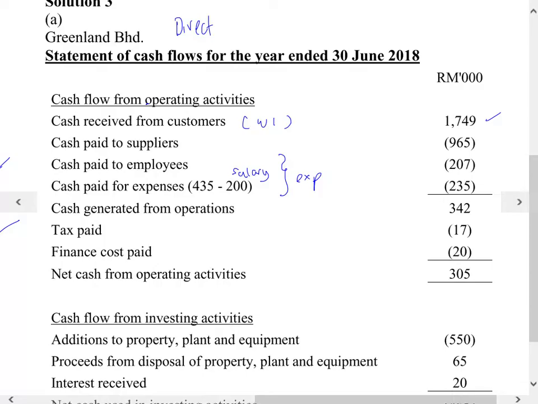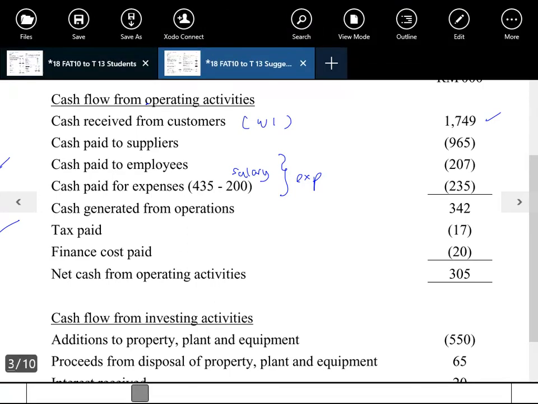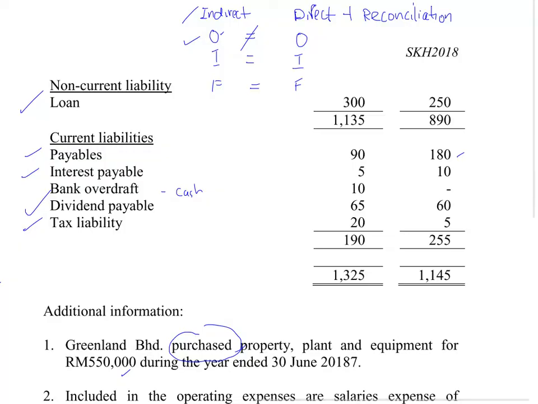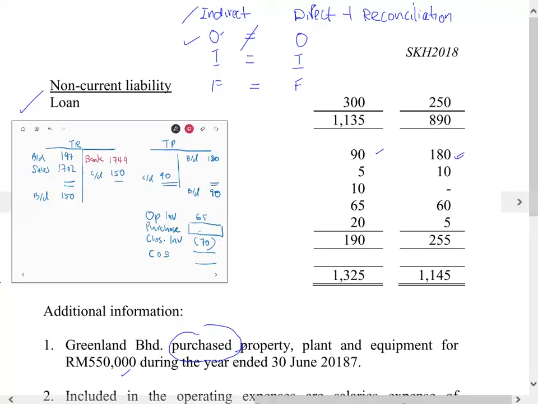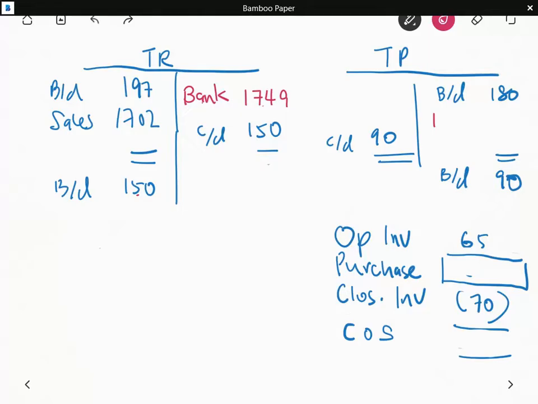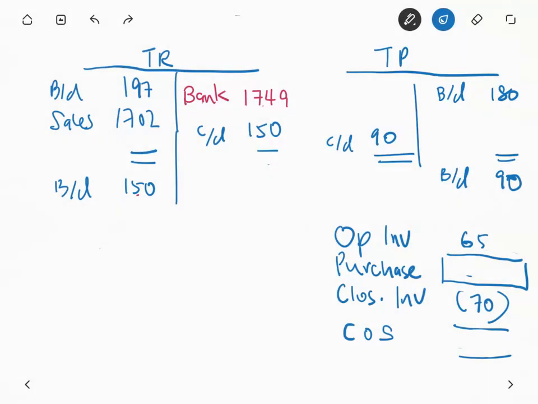Number 2, to find cash paid to supplier, open trade payable. How much is my payable? Opening 18, closing 90. What must I find? Here I put in the purchase, because trade payable arises from purchase.